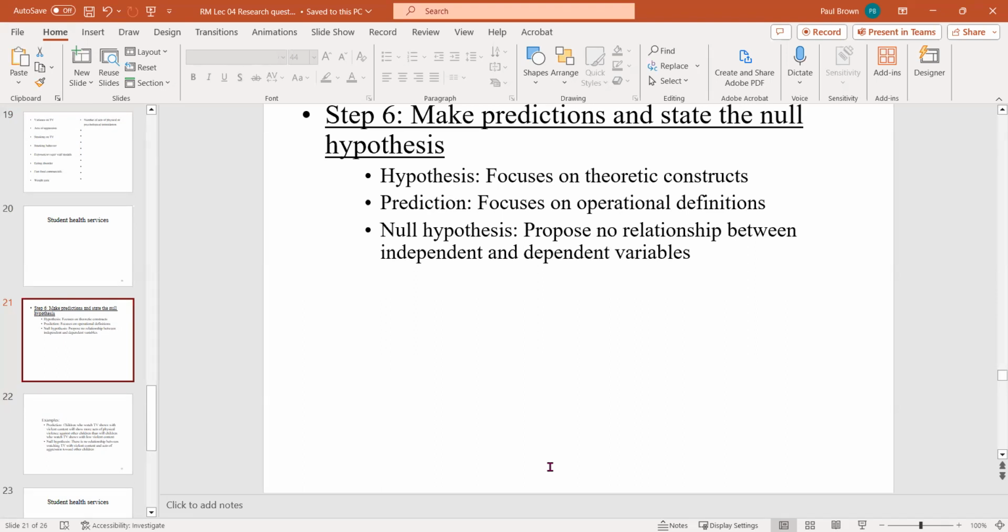For students who have knowledge of student health services, do students with higher ratings of perceived quality have higher willingness to use? So your hypothesis is that students with higher ratings of perceived quality are likely to have higher ratings of willingness to use. Right. That's your hypothesis. So what's your null hypothesis?